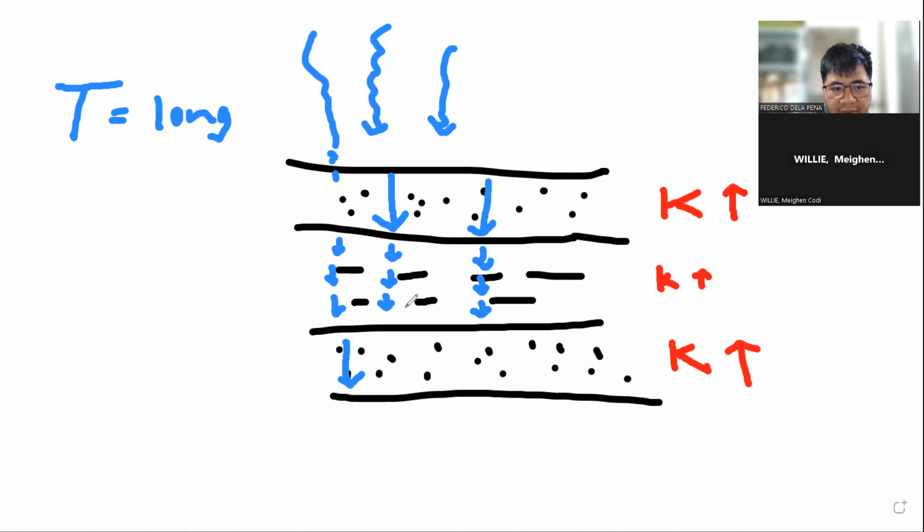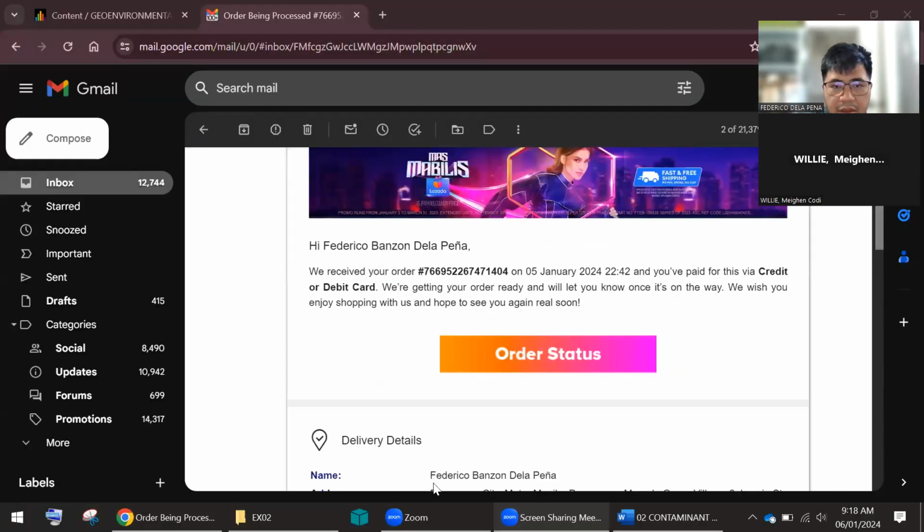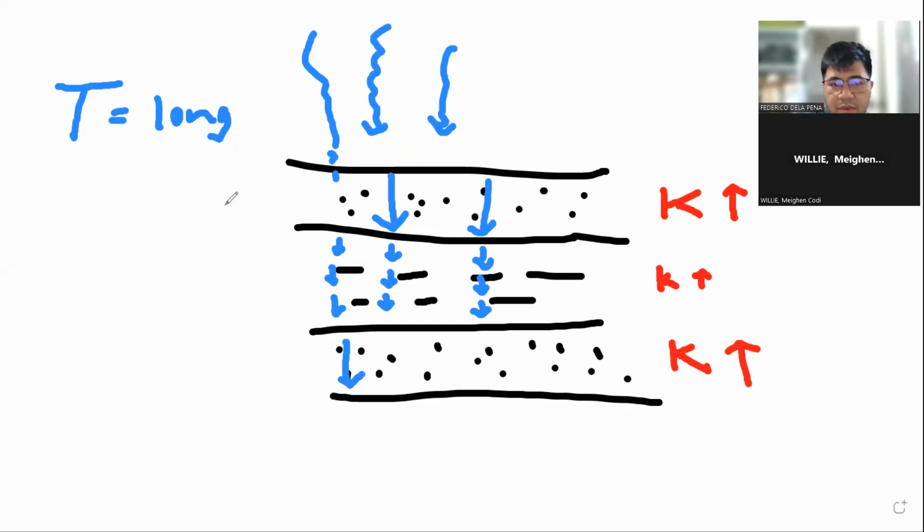Now, let's say the flow is actually going through this other direction. Sorry. Let's say we have another flow. Let's consider another scenario. So let's delete this flow layers.